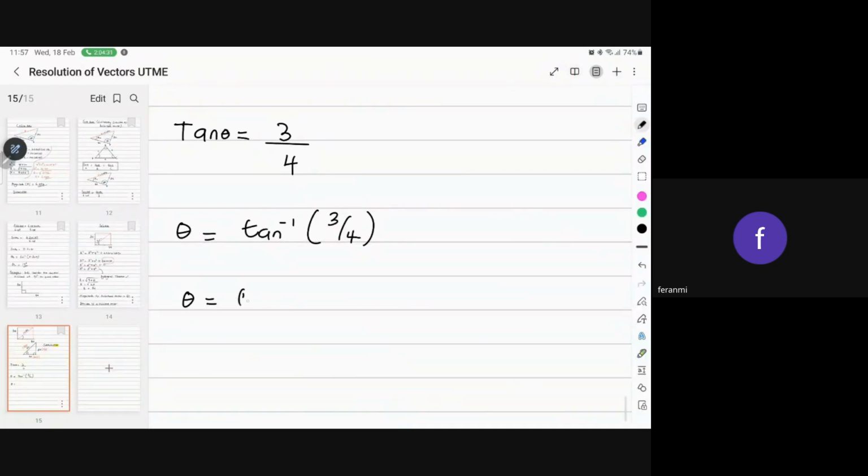So you are looking for the tan inverse of 0.75. But like I said, they always give you special angles, like 0.5. Maybe they always give us something that we can actually relate with the angles. So tan inverse of 0.75 will give us approximately 37 degrees.